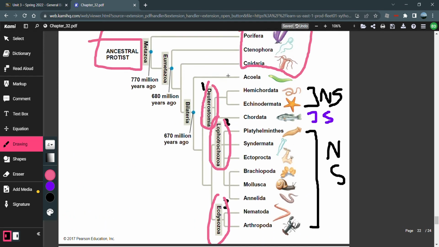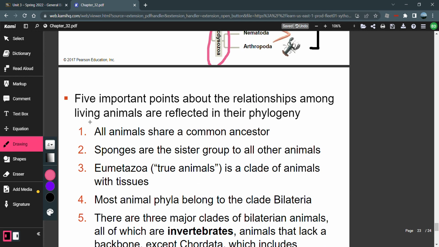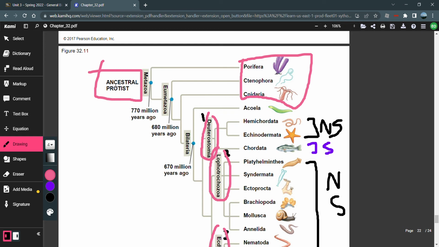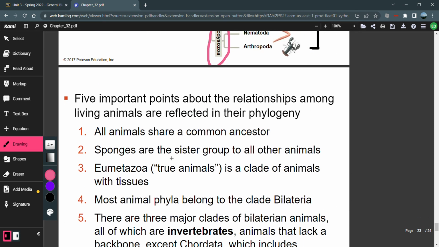So we'll be talking about this with the slide. There are five important points about the relationships among living animals reflected in their phylogeny. All animals share a common ancestor, of course, the ancestral protist, or choanoflagellates. Here we have the split, and then they split again, and they form this huge tree.